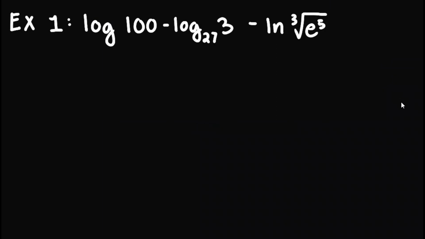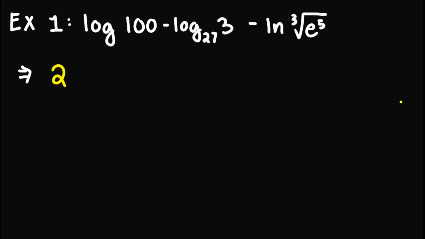We have here the logarithm of 100 minus the logarithm of 3 with respect to 27 and ln of the cube root of e raised to 5. So first, to solve this, note that we can simplify the logarithm of 100 as 2.